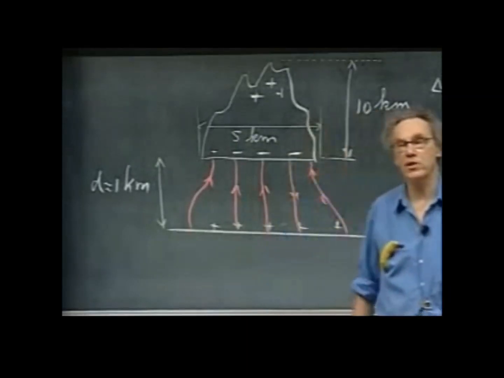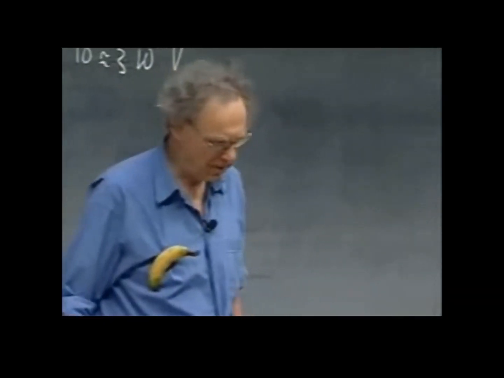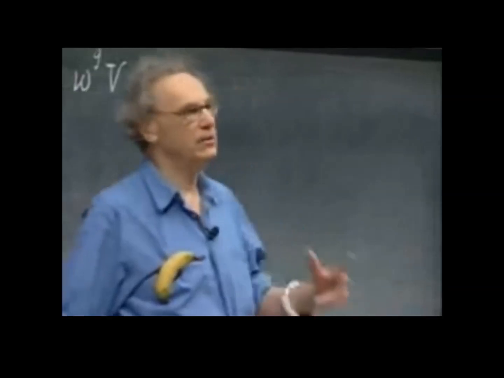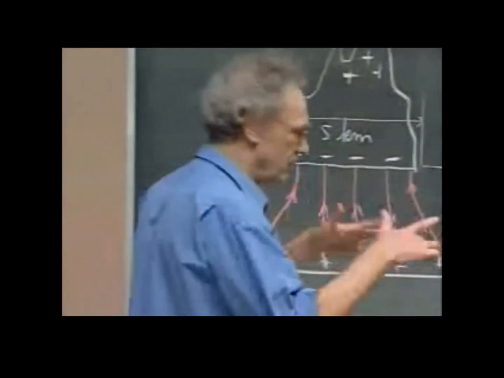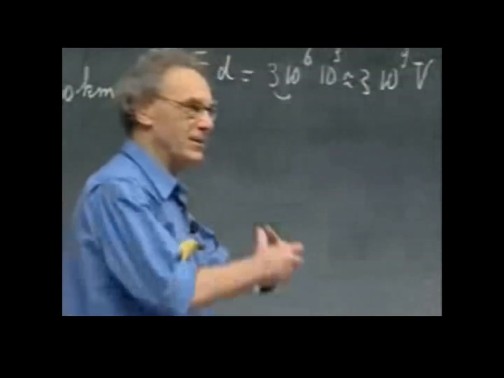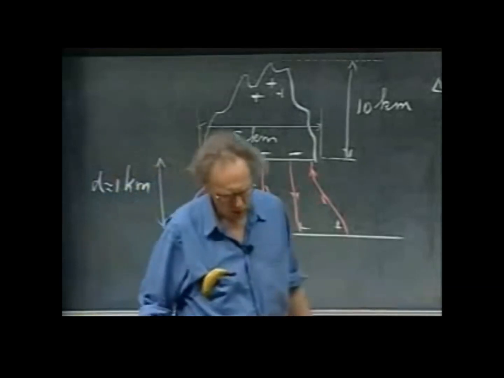The current is now enormously high, 10,000 to some 100,000 amperes, and you heat the air, you get a tremendous amount of light, the ions recombine, and you get pressure. Heat produces pressure, and there comes your thunder.